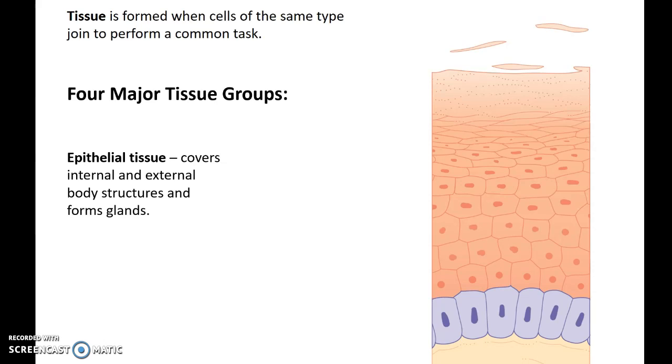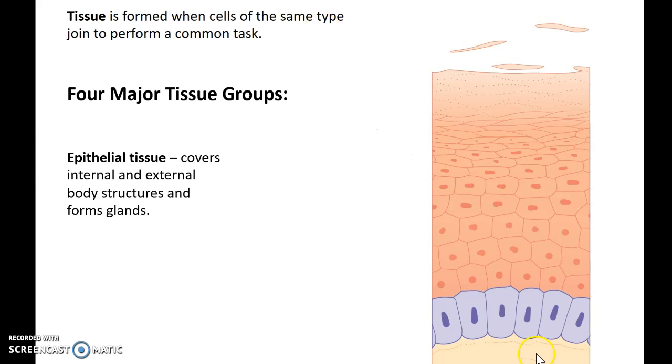There are 4 major types of tissues that we are going to discuss, and the first one that we're going to talk about is epithelial tissue. Okay, and its function is it covers the interior and exterior body surfaces. Okay, it is bound tightly together to provide a protective barrier.